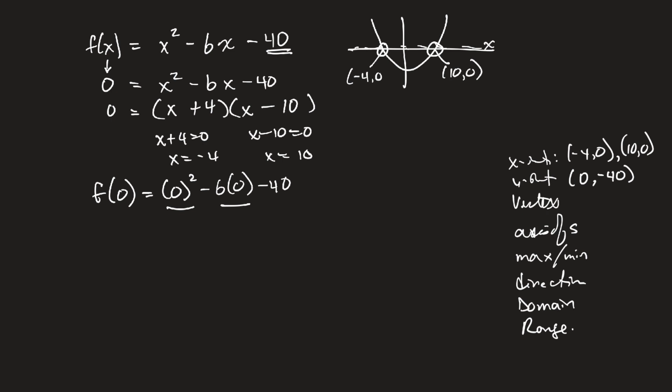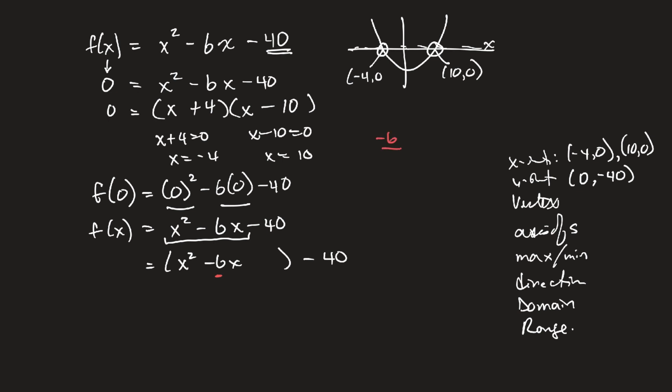Okay, now to determine the vertex, I can use completing the square to do that, or I can use the formula. I'll show both. So this is my function, and I'm going to complete the square. So I'm going to group the x terms: x squared minus 6x, minus 40. And then to complete the square, I take this 6 and divide it by 2, and then I square it.